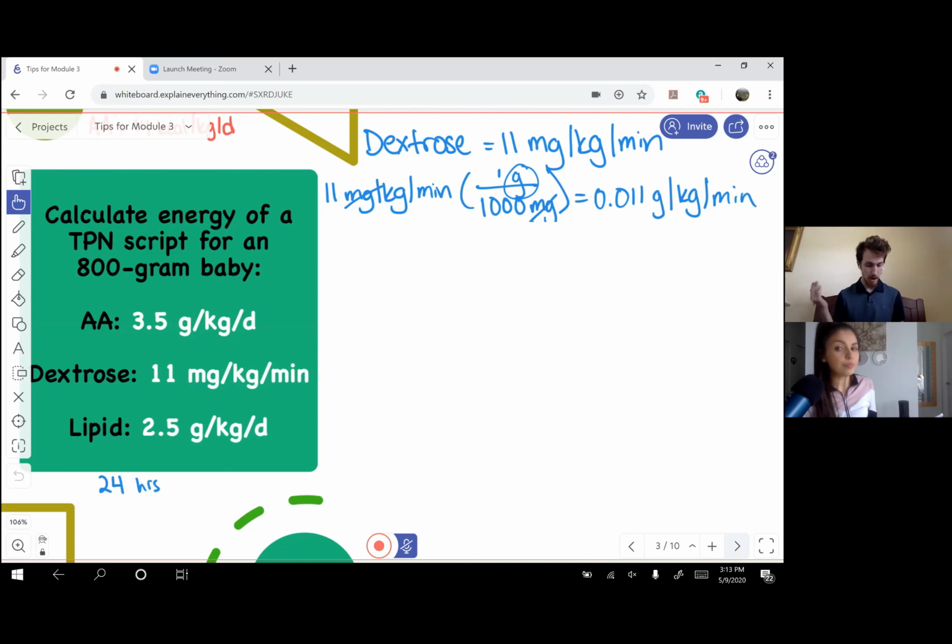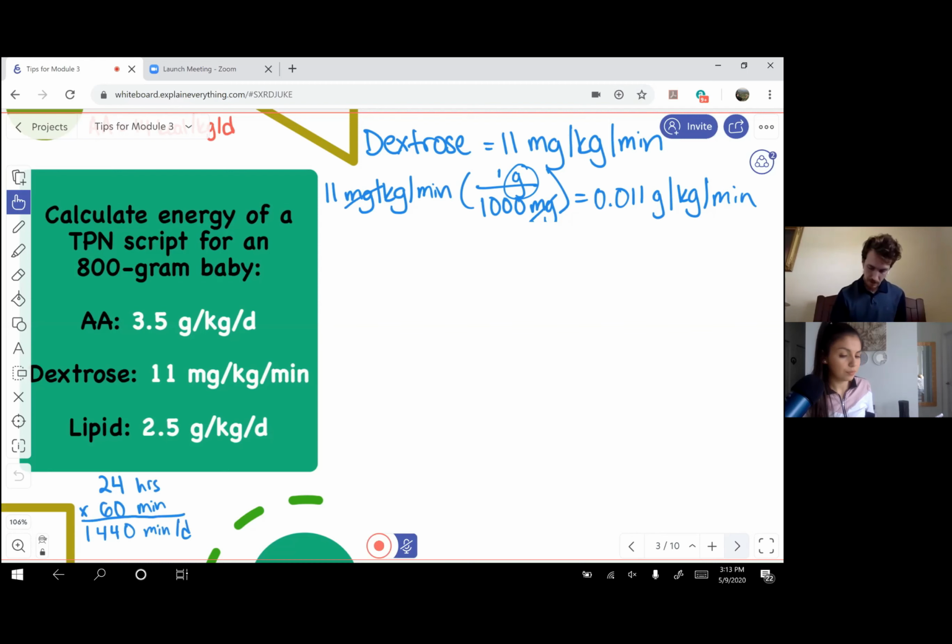Okay. So we have 24 hours. And how many minutes are in 1 hour? 60 minutes. So we're just going to multiply this to determine how many minutes are in the full day. Should give us 1440 minutes per day.